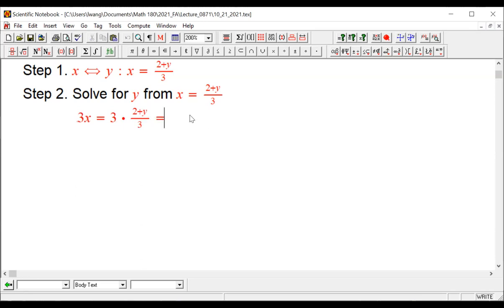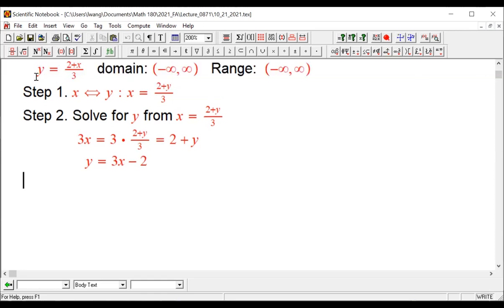And then on this side, you have 2 plus y, and y is isolated by subtracting 2 on both sides. So that's the inverse function. So this is your f, and this is your f inverse.